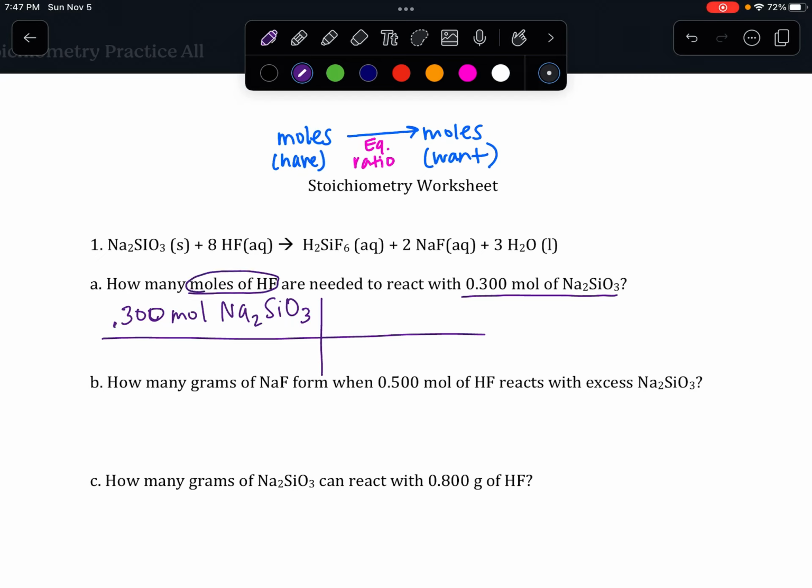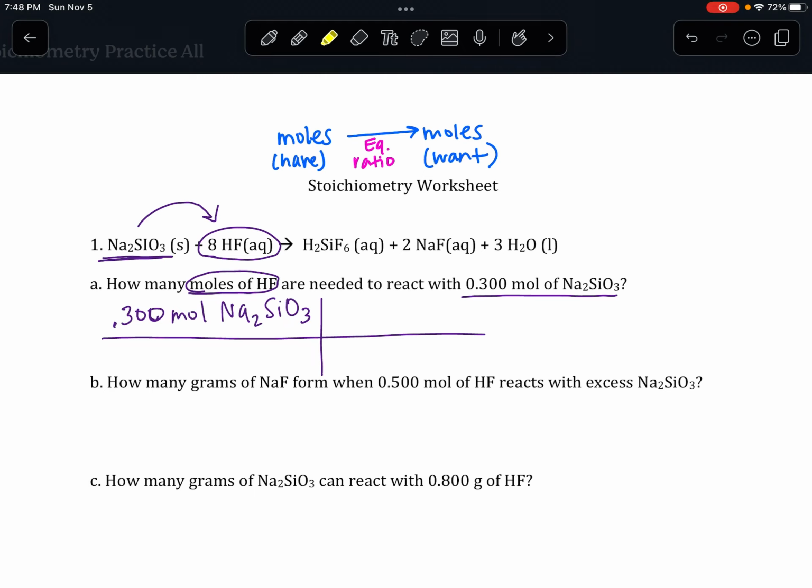A lot of times what I do in the equation is I underline what I'm starting with, and then I circle what I'm looking for. So essentially in this question, I'm trying to go from here to here. When we look at our map here, we're always starting with what we have, and then we're trying to get to what we want.